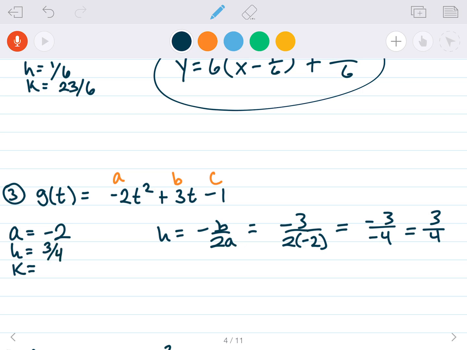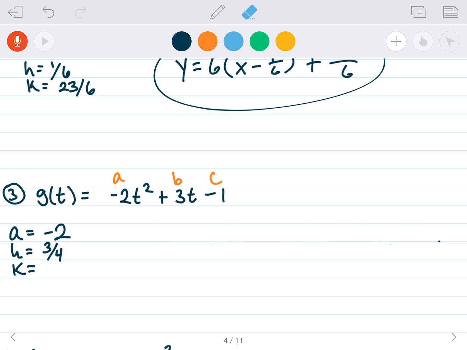And let's see what k is. So k is just the output when the input is h. So if I plug in 3 over 4 anywhere I see a t, which is my variable, I'm going to get k. So I get -2 times 3 over 4 squared plus 3 times 3 over 4 minus 1.